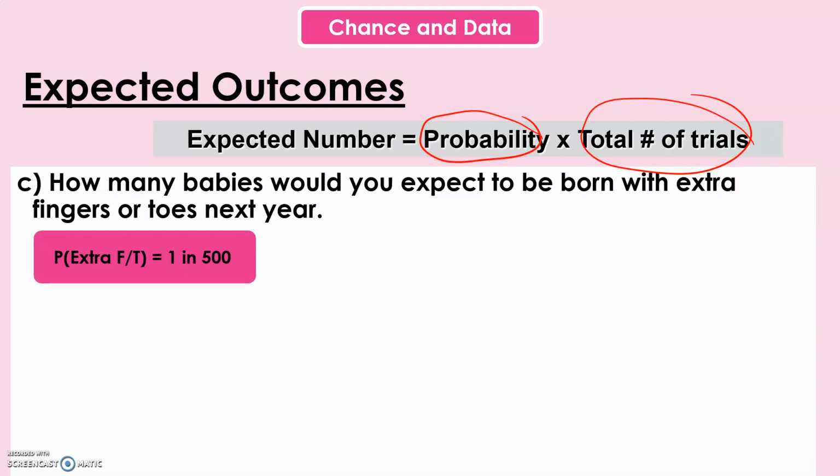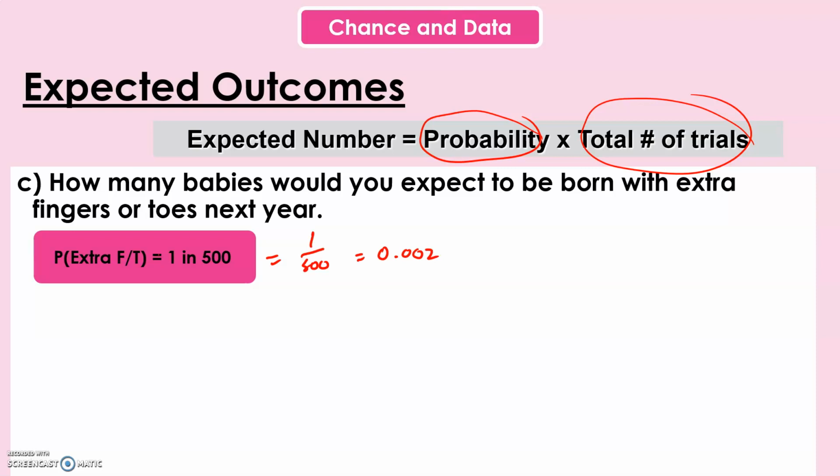So we know from past experience that the probability of a baby having extra finger or toe is 1 out of 500. Now that number is not particularly useful for our calculations, so we have to convert it to a decimal. So we can convert it to a fraction to start with, 1 in 500. And then if we change that to a decimal, we end up with 0.002.